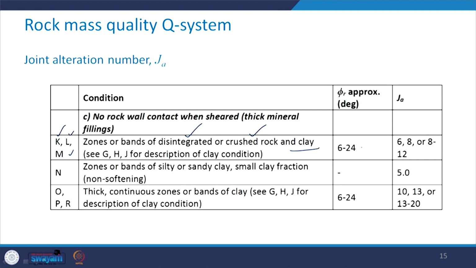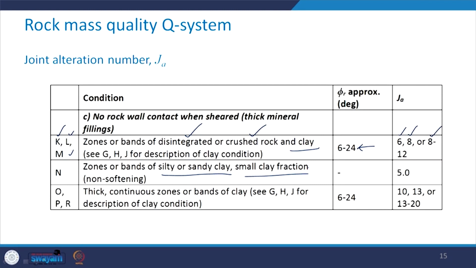Phi you can see that it varies between 6 and 24, and J can be taken as 6, 8 or from 8 to 12.